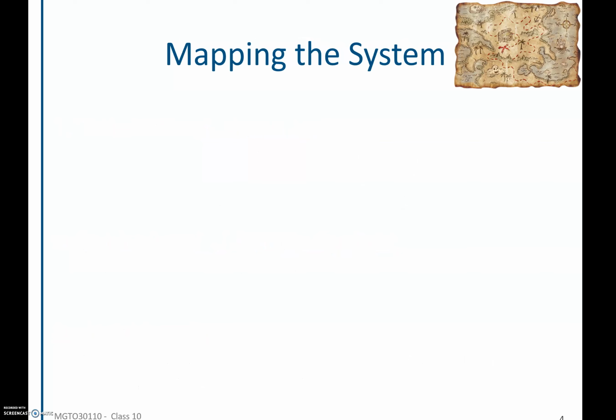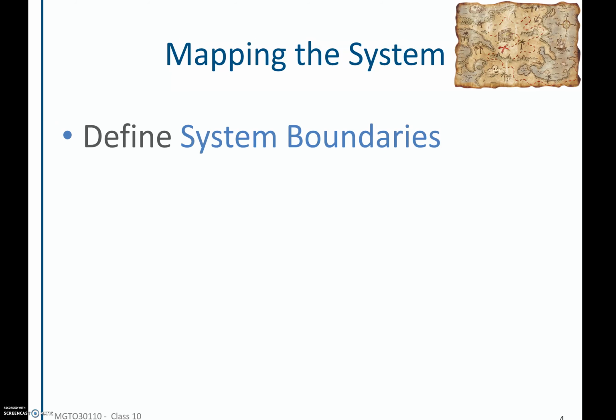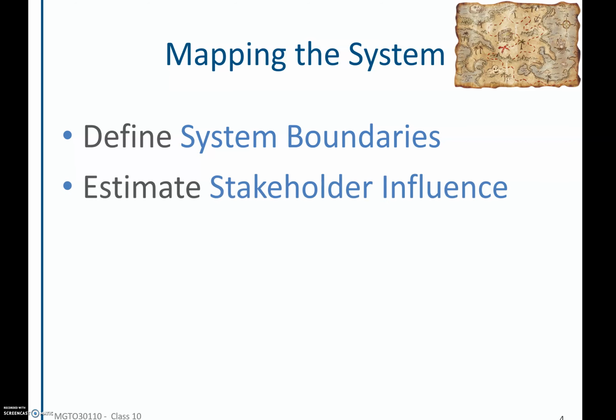So let's go ahead and get started, right? The process has 4 steps. The first is to crisply and clearly define what are the boundaries of our question and our system. Next, we look to understand and explain the role of stakeholders and how much influence they have in the system.